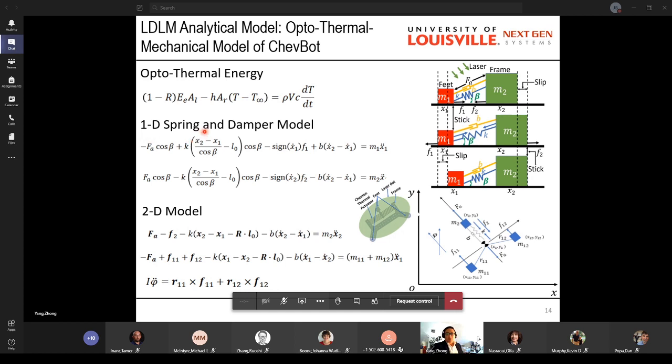For the mechanical part, knowing the temperature, we can also know the deformation force on the structure. For the mechanical part, we are using a spring and damper model. You can see from this diagram, the feet are what I'm showing in the real picture, and the frame.